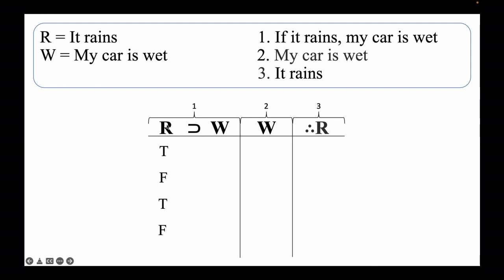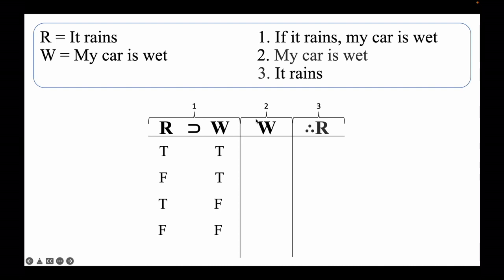The rule says that for the second term, if it's different from the first one, like in this case W, we have to double the truth values. So we have 2 T's and 2 F's. If I had yet another term after the W, I would have to double again, so I would have to list 4 T's and 4 F's.